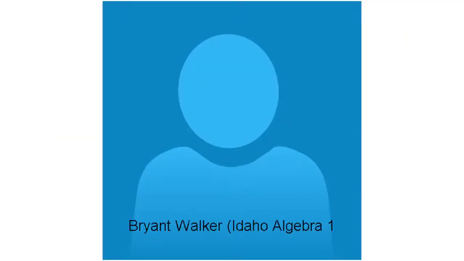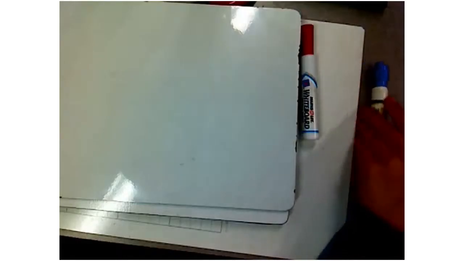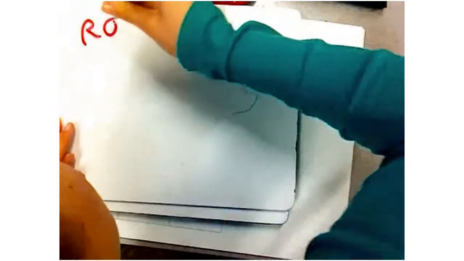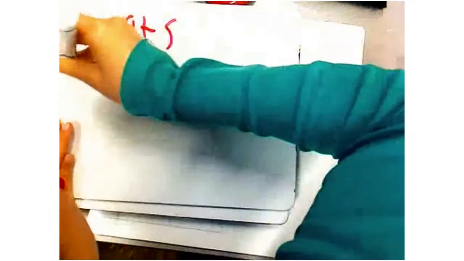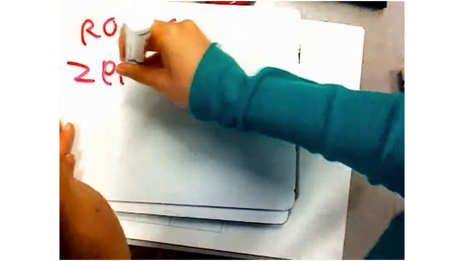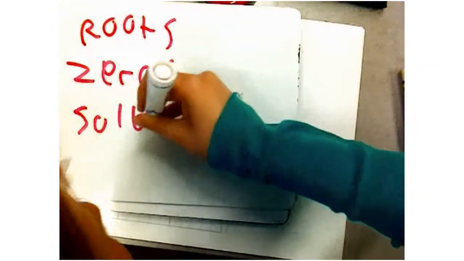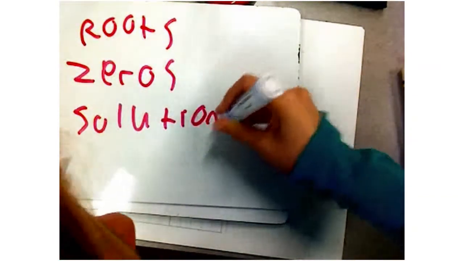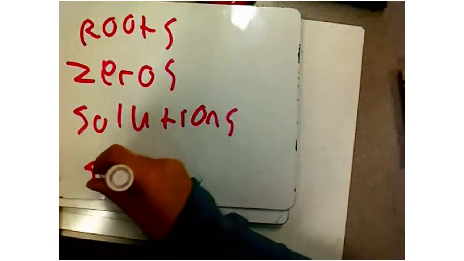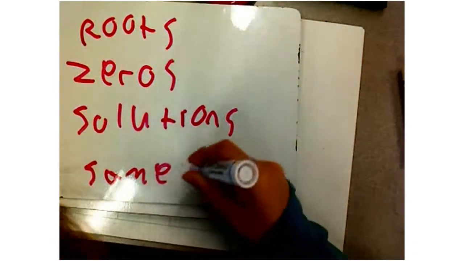The zeros of the function are the x-intercepts of its graph. These are the solutions of the related equation because f of x equals 0 at these points. The zeros of the function graph below are 1 and 3.